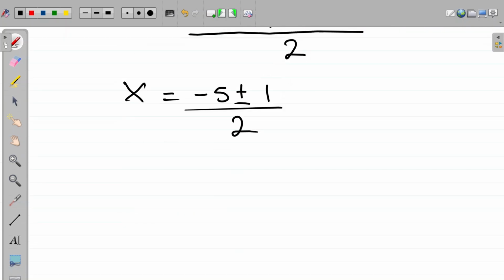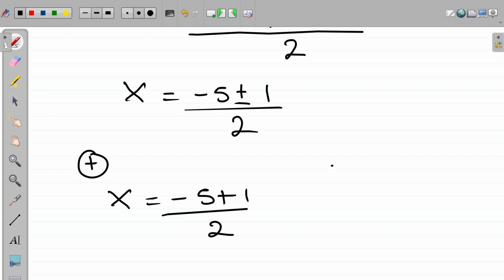So, therefore, for the positive side, x is equal to minus 5 plus 1 divided by 2. And for the negative, we have x equal to minus 5 minus 1 divided by 2.